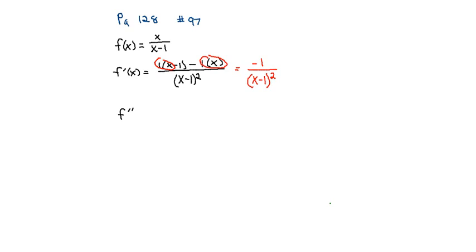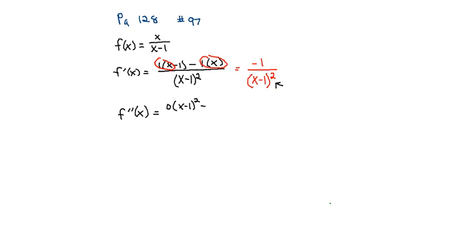F double prime at x equals, so again we're going to take the derivative of the top, which is 0, times the bottom, x minus 1 squared, which hopefully you can see that will again be 0, because multiplying by 0 does that, minus the derivative of the bottom.